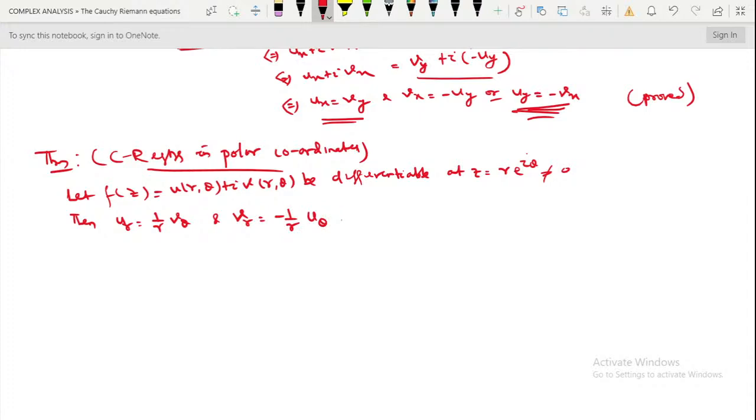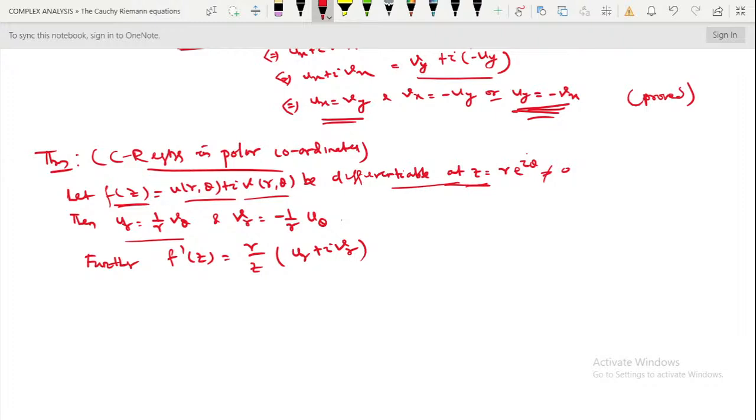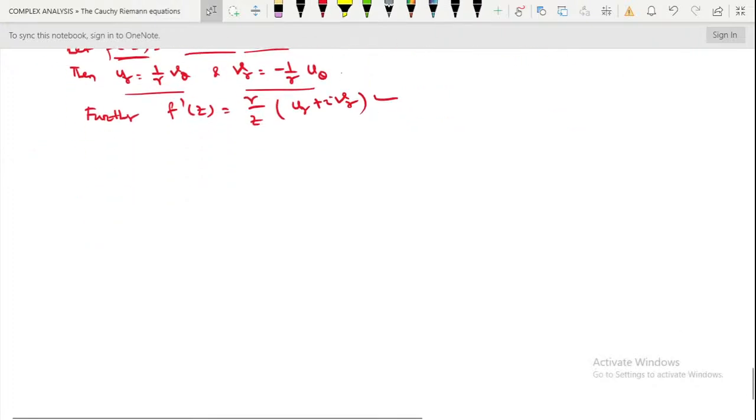This is the Cauchy-Riemann equation. Further, f'(z) can be written as (r/z)(u_r + i v_r). So if f(z) in polar form is differentiable, then u_r = (1/r) v_θ and v_r = minus (1/r) u_θ, and f'(z) will be this, and we have to prove this.